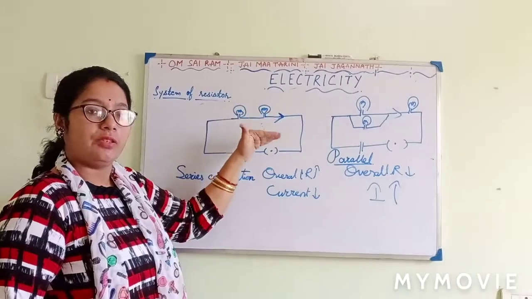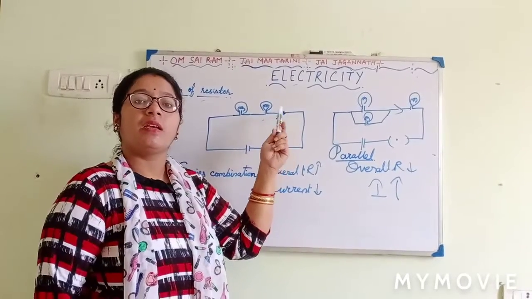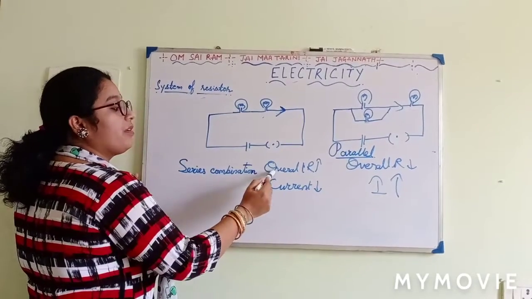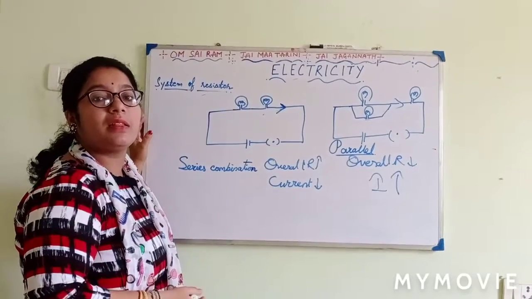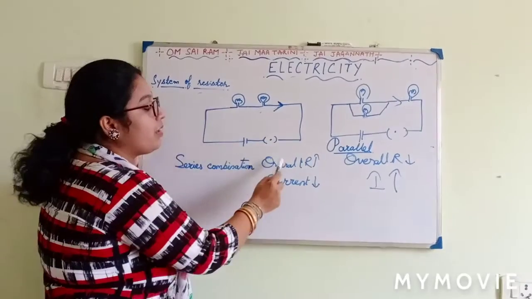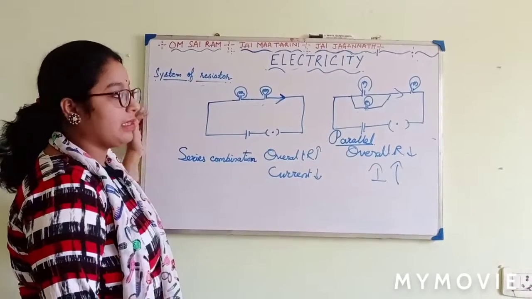That means the overall current in the circuit is gradually decreasing. Since current is decreasing, the resistance must be increasing. So the overall resistance is increasing in the circuit, which is decreasing the current in the circuit.